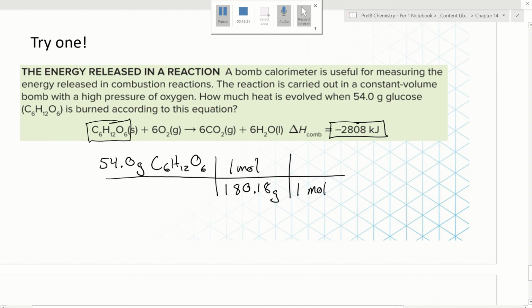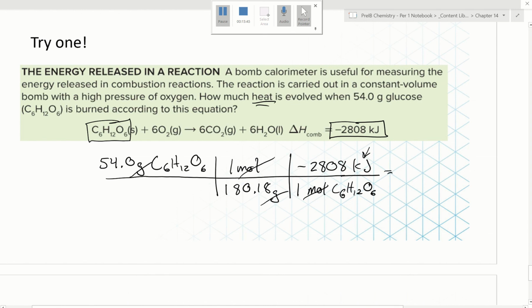So for every 1 mole of C6H12O6, we produced 2,808 kilojoules. So now I can cancel grams with grams, moles with moles, and I'm left with kilojoules, which is what I'm asking. How much heat is produced?